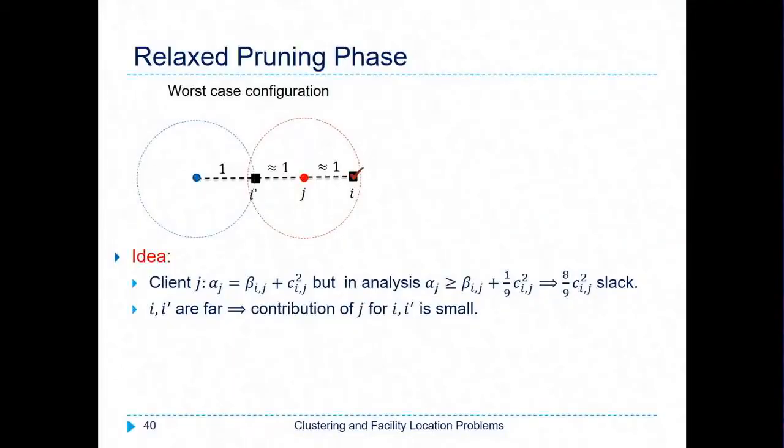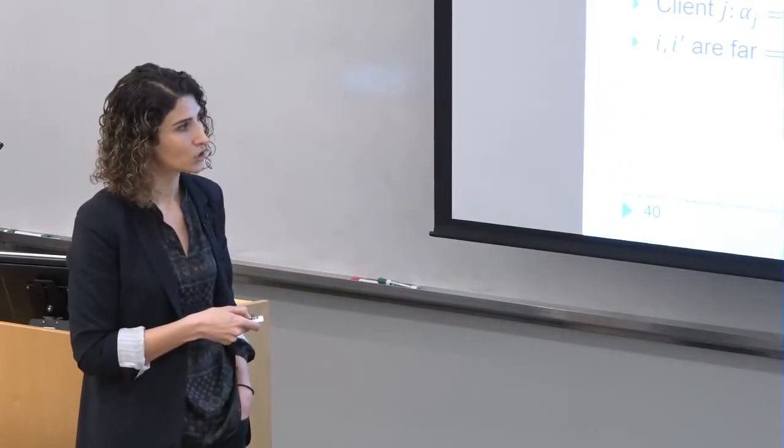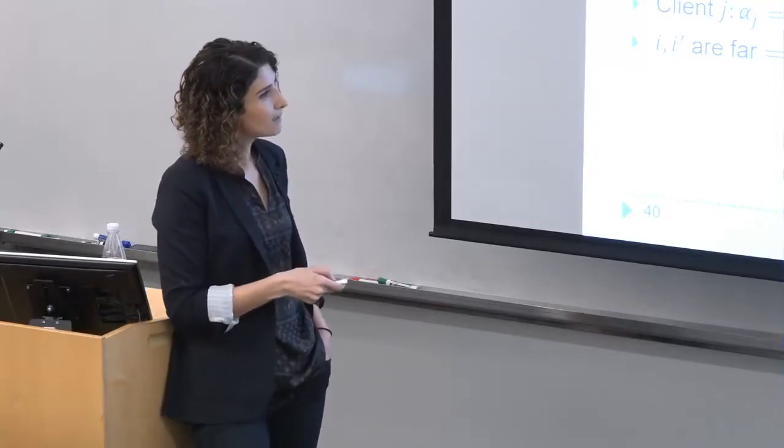But the idea is that for this client J, we know that alpha J is equal to beta ij plus Cij squared for this facility I. But in the analysis, what we really use is beta ij plus 1/9 of Cij squared for the 9 approximation. So really, we have 8/9 Cij squared slack here. And then maybe we can use this slack for opening facility I prime.